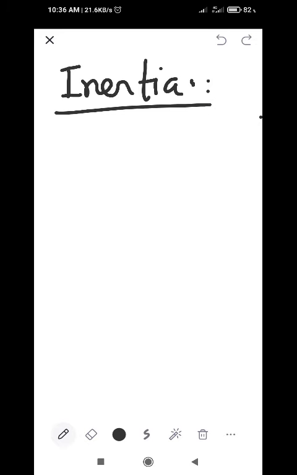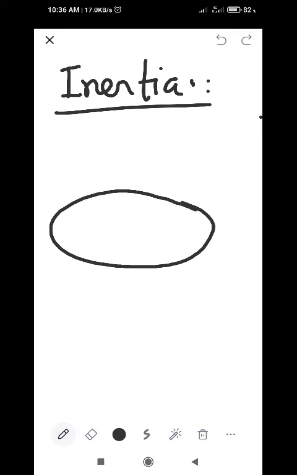Now what is inertia? Do you know? Have you any idea of inertia? Okay. That means a body, think that this is earth and here an object.